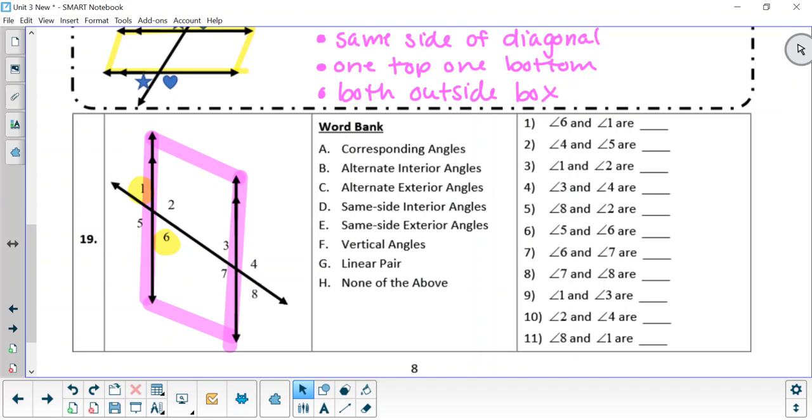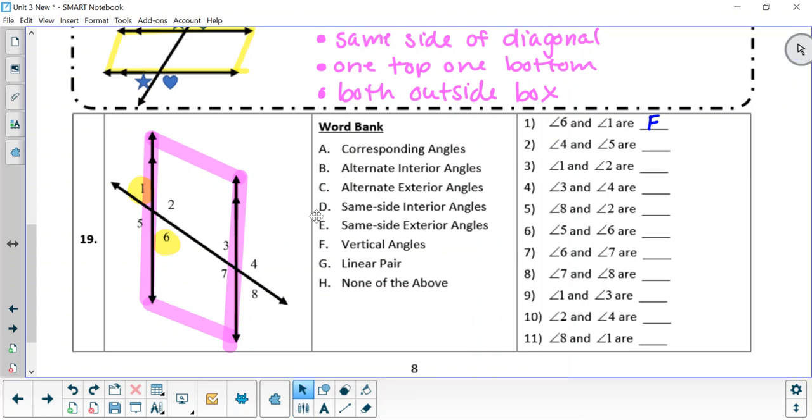So you would think that they would be corresponding, but they are not, one in each section. 1 actually corresponds with 3. 6 corresponds with 8. They have to be in the same order, but in different sections. So 1 and 6 are actually my vertical angles from last unit. They're across from each other. So we would write F.